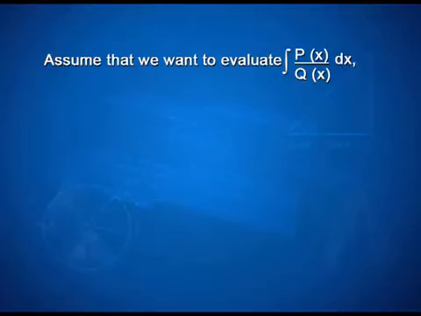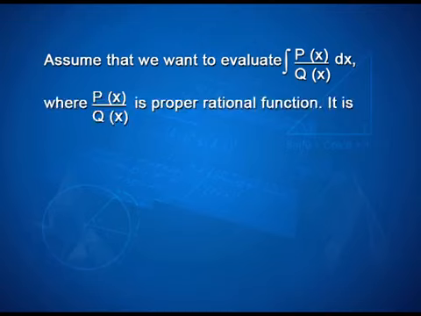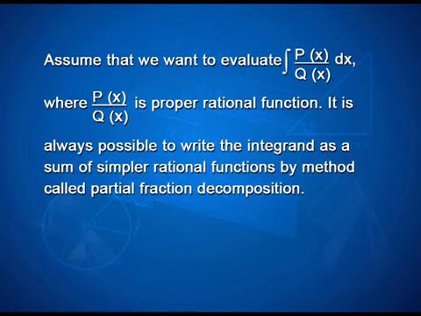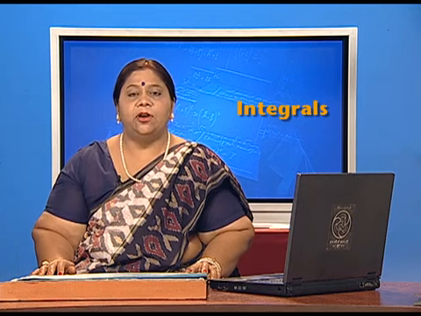Assume that we want to evaluate integral p of x upon q of x dx, where p of x upon q of x is a proper rational function. It is always possible to write the integrand as a sum of simple rational functions by a method called partial fraction decomposition. After this, the integration can be carried out easily using the already known methods.